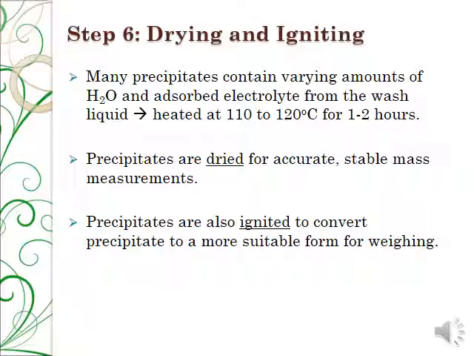So we dry the precipitate at 110 to 120 degrees Celsius for 1 to 2 hours, and we must obtain a stable mass measurement for the dried precipitate. Otherwise, it has to undergo ignition.